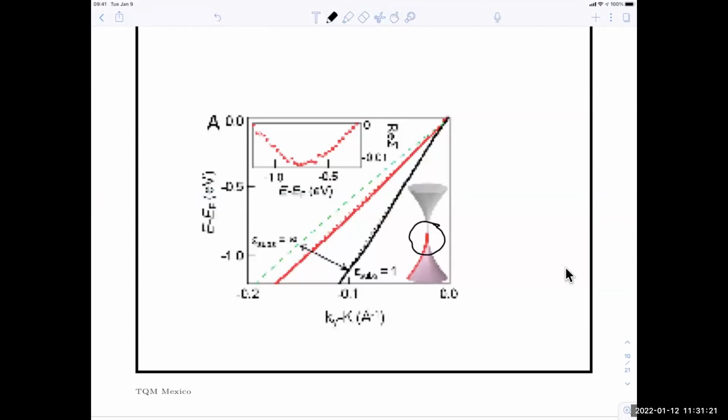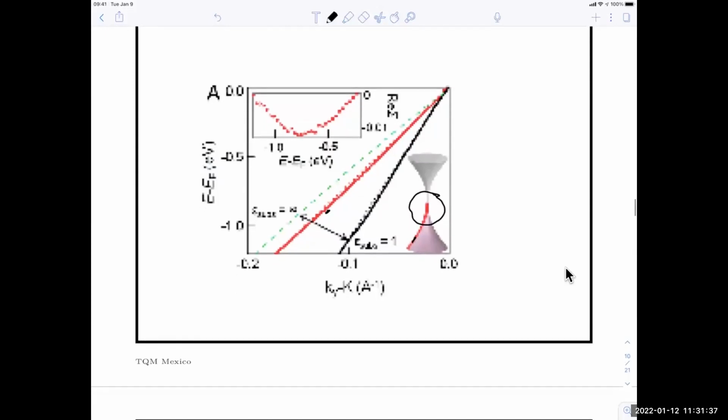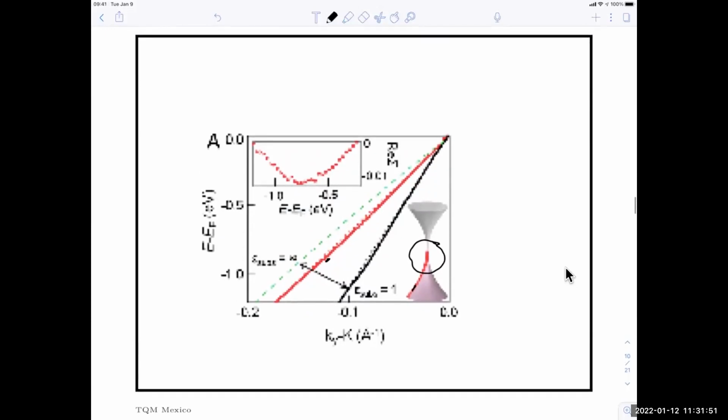But anyway, it is there, but you can see in this work, I think the theoretical prediction is the red curve here, and the data is a dotted line that looks quite a bit straighter, even to the eyeball, than the theoretical prediction. And this is already in the low energy regime where you expect that some messy stuff might occur, but you can see that the spectrum is still pretty straight.